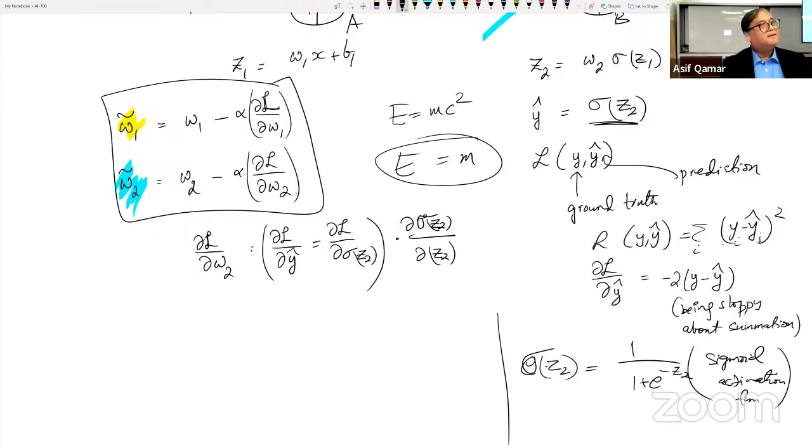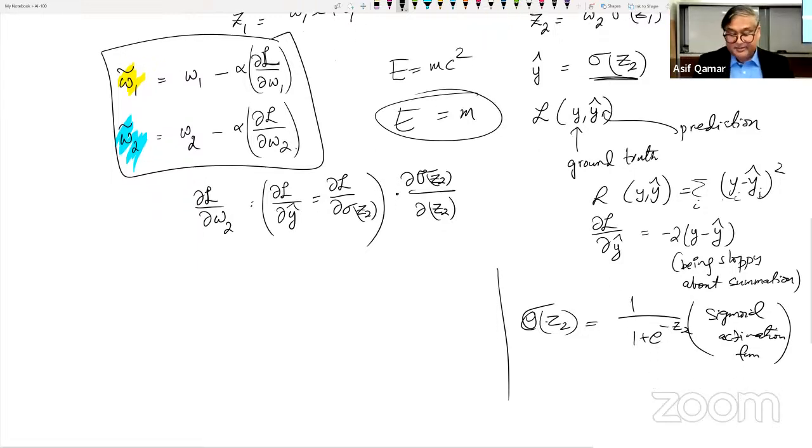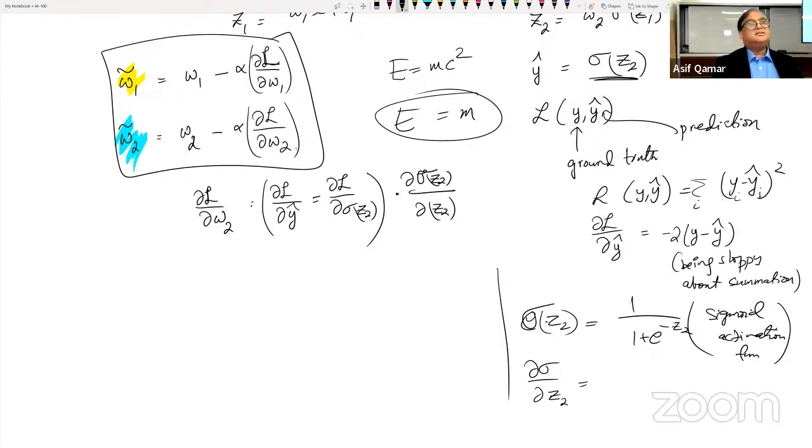Then you ask, what is its derivative with respect to z2, d sigma d z2? It turns out this is well known. It will be nothing but sigma times 1 minus sigma. You can convince yourself that's what it will be. So we know this part, we know this part, and now what remains?